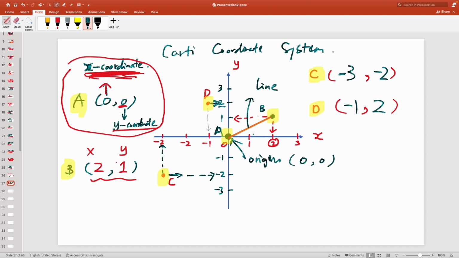Okay, so if I have a small summary here: a point is given by X and Y coordinates.